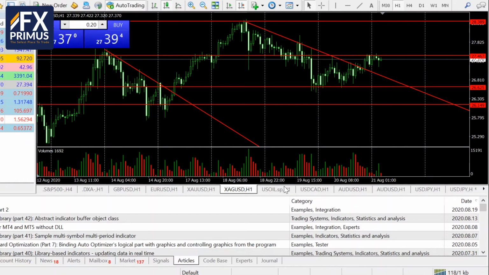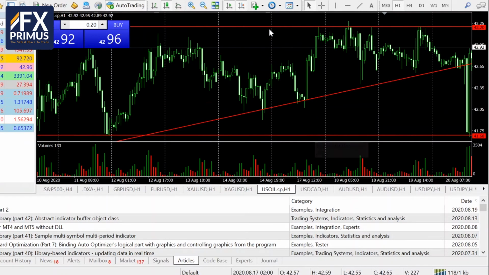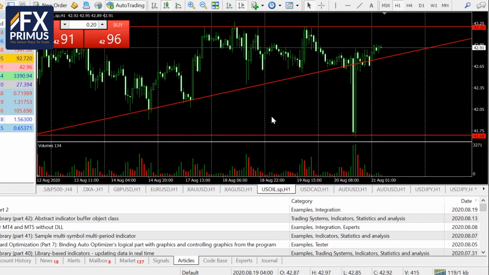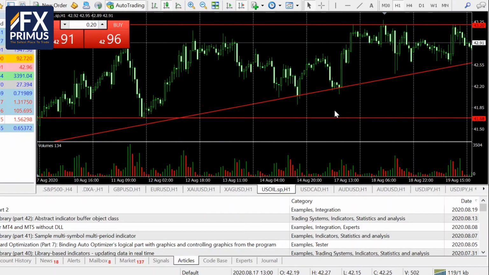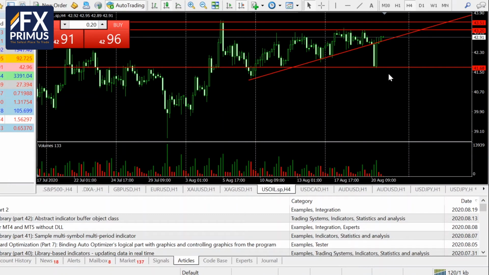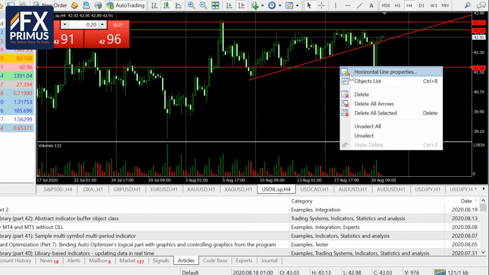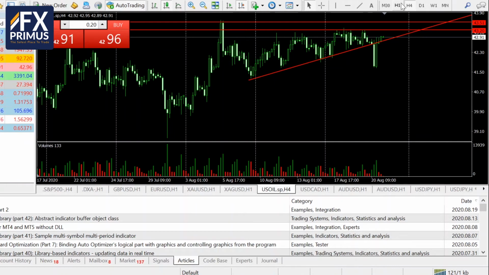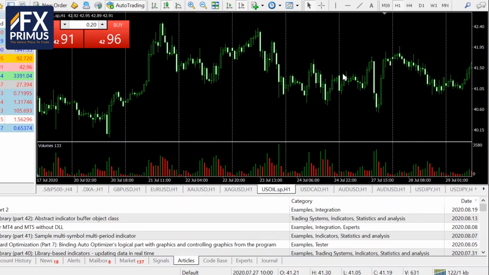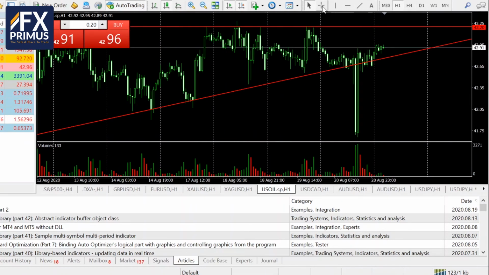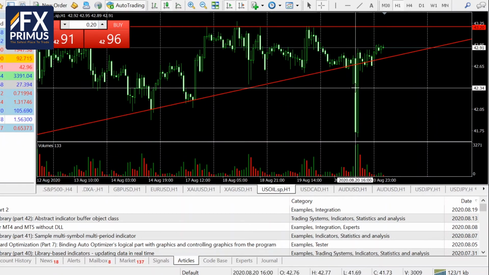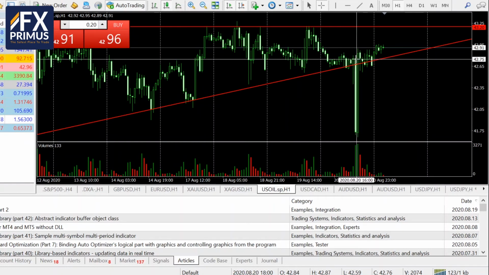Okay, so moving on to oil prices. Oil prices have been consolidating in a bullish flag pattern. Yesterday oil prices did spike down at about 9:21 p.m. local Singapore Malaysia time.